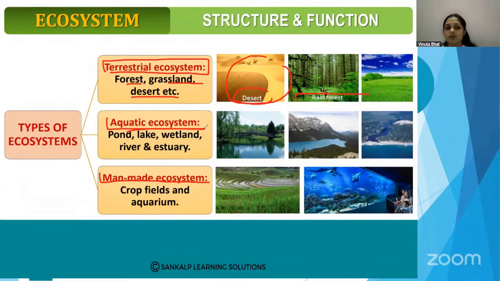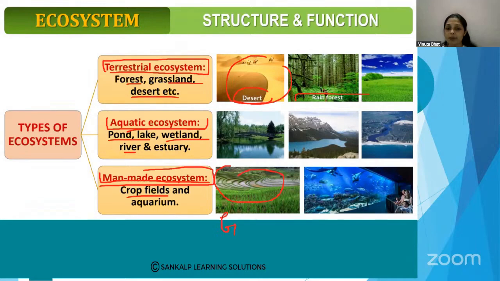Aquatic means water bodies, right? The organisms present in that environment, like pond, lake, wetland, river, and the estuary. So these all are the examples for the aquatic ecosystem. Then man-made means that is the artificial. For example, crop fields, or garden.